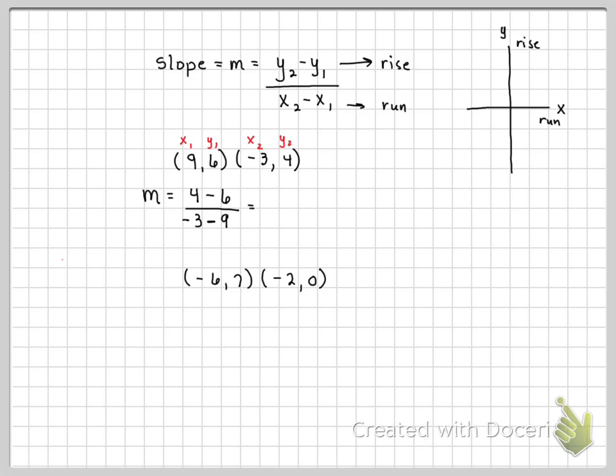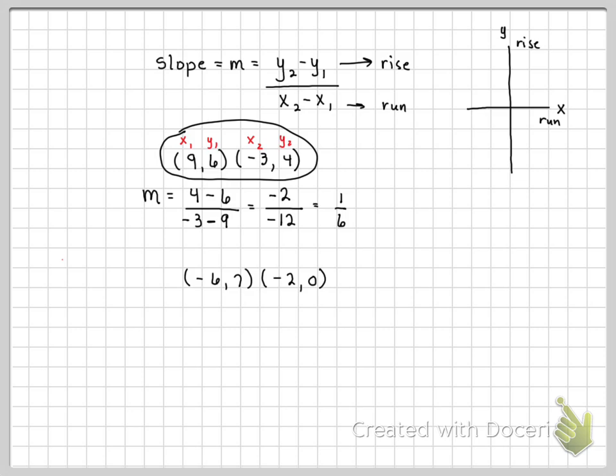So 4 minus 6 is negative 2, and negative 3 minus 9 is negative 12. Negative divided by a negative is a positive, and that fraction reduces to 1/6. So the slope between these 2 points is 1/6.